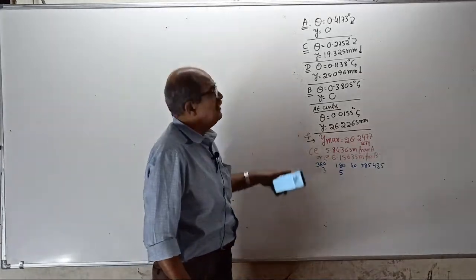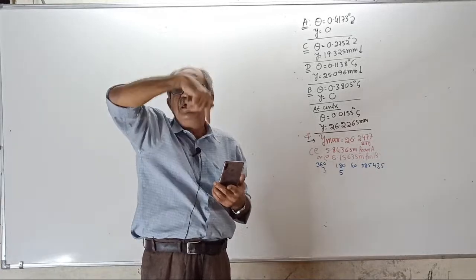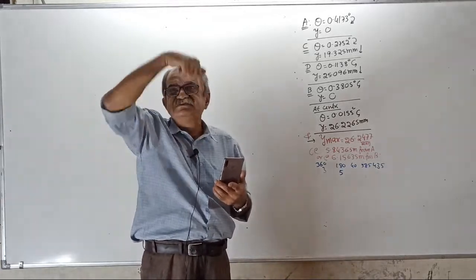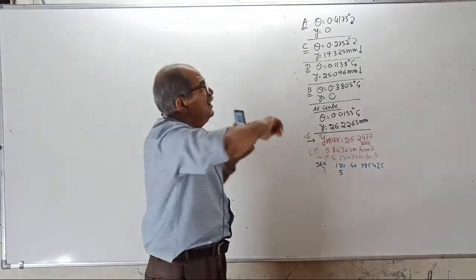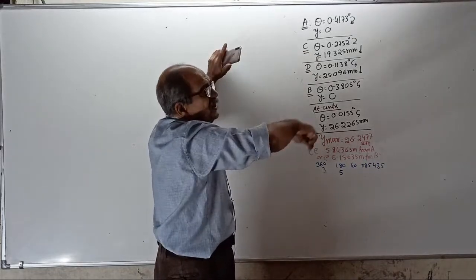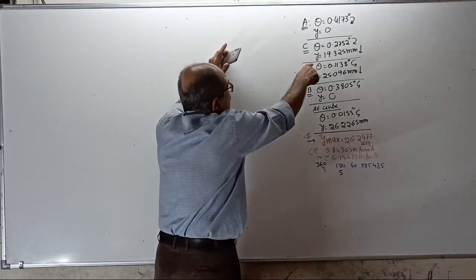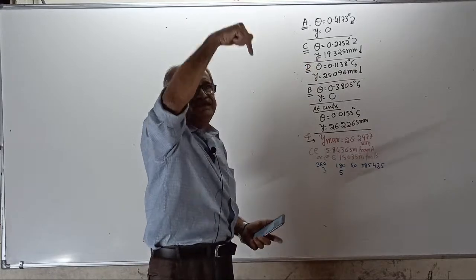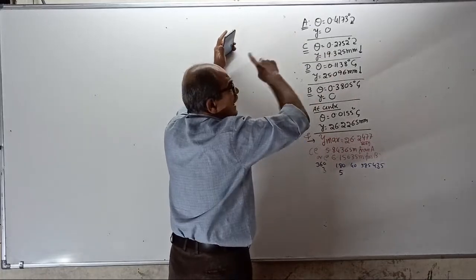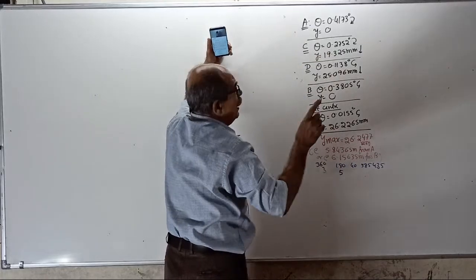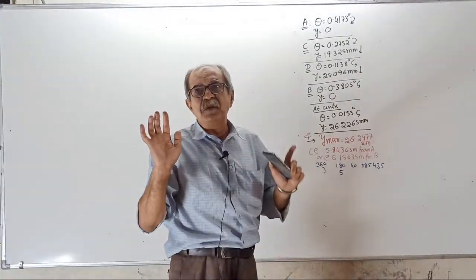Deflection here is in the direction of global Z. All the deflections are in the direction of global Z. And all the theta, the rotation, is always about global Y. Yes, you should remember that at that time.